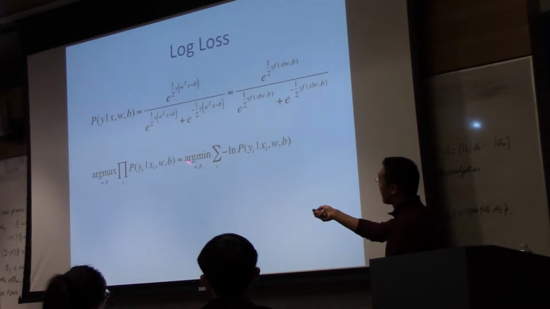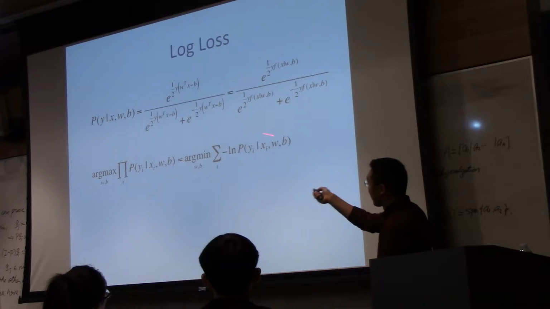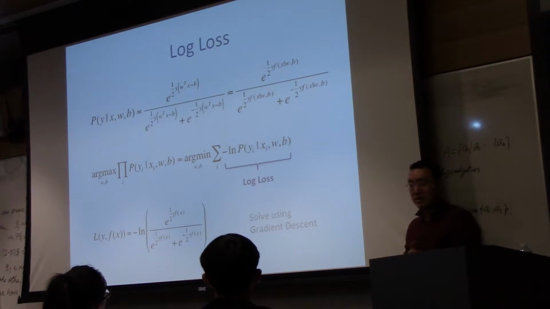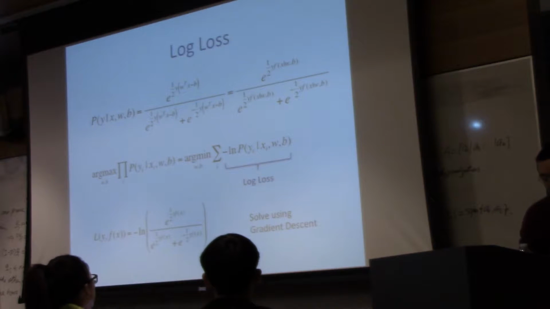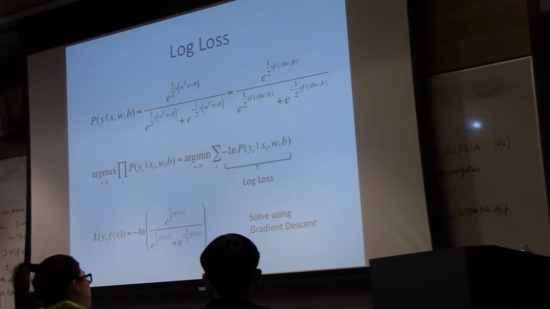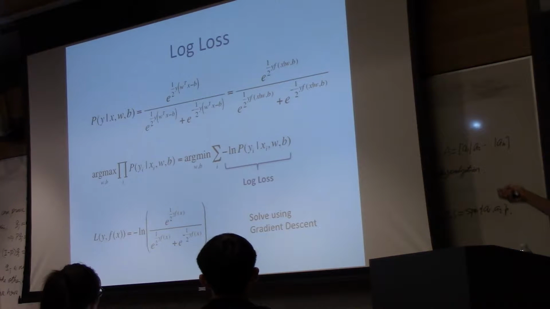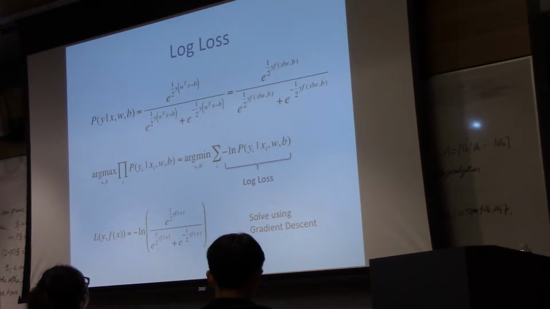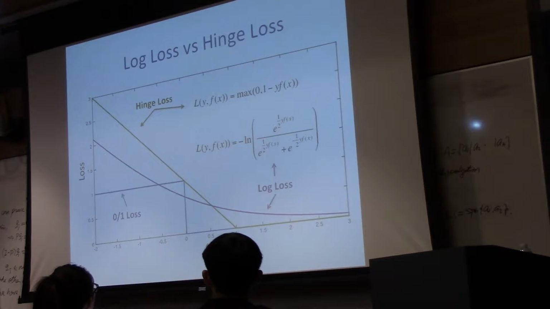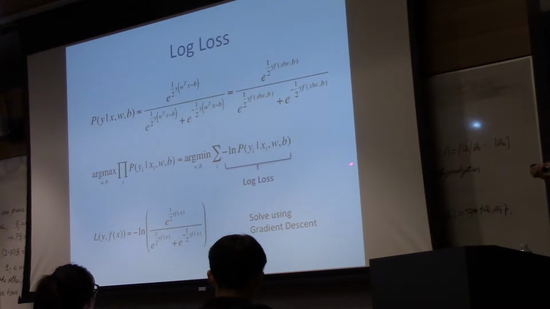So now we're taking a minimization problem over this, and this is known as the log loss. This is the loss function that the logistic regression is optimizing. These two give you the exact same answers. And now this is in a form that we've all seen. We just take the gradient of this, and we can solve using gradient descent or stochastic gradient descent. Any questions on this?